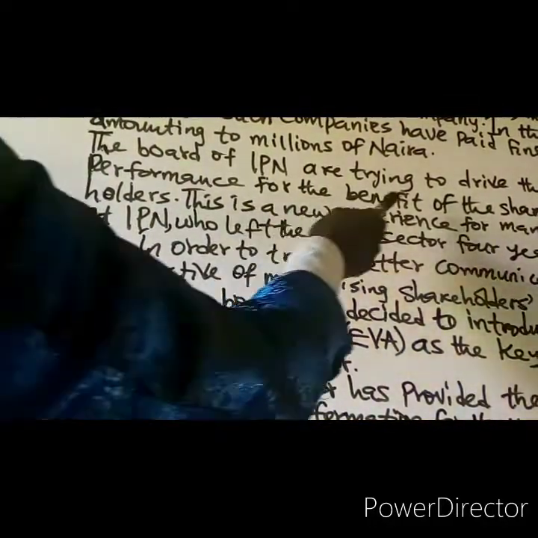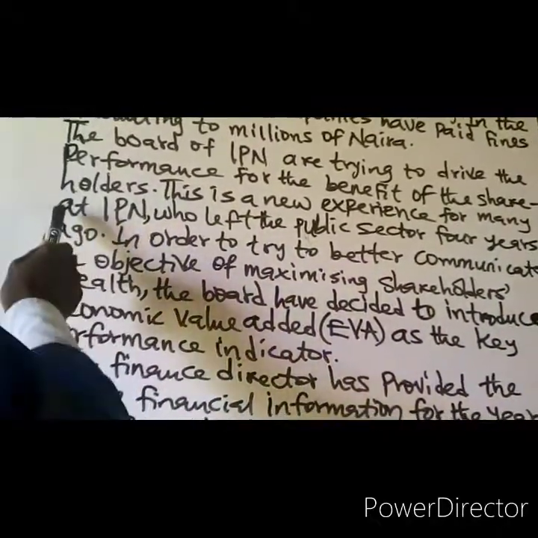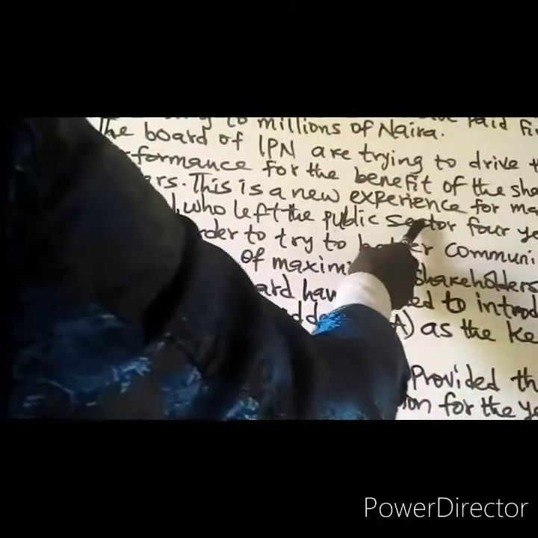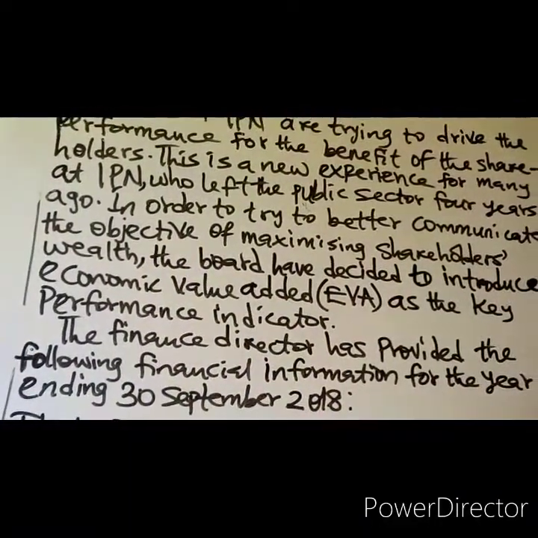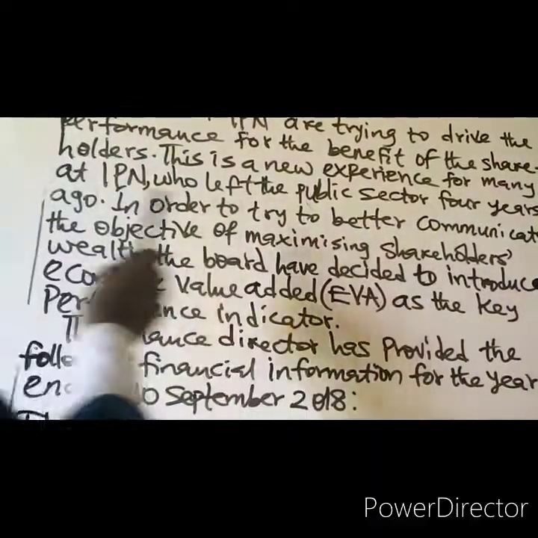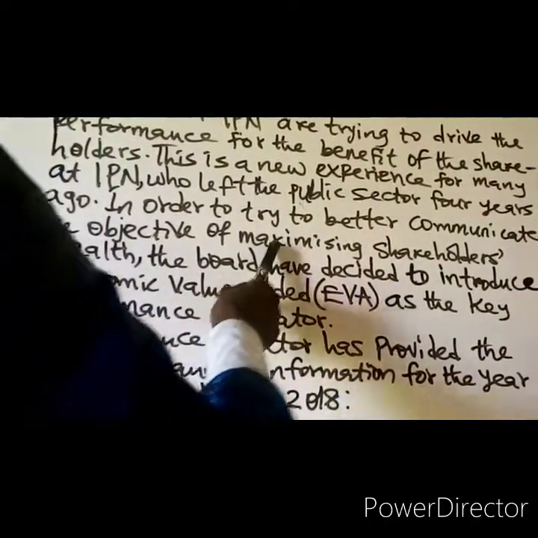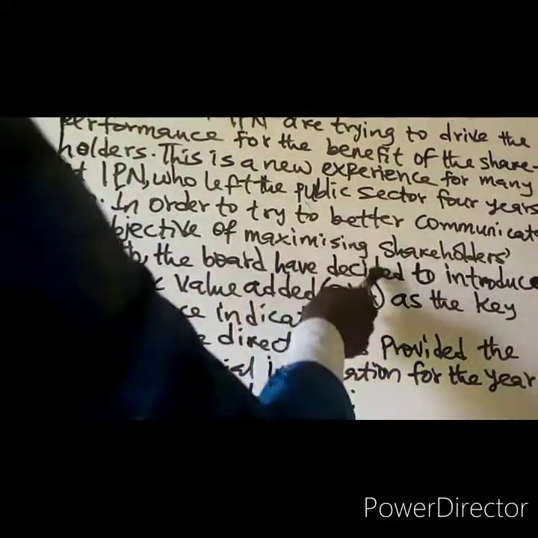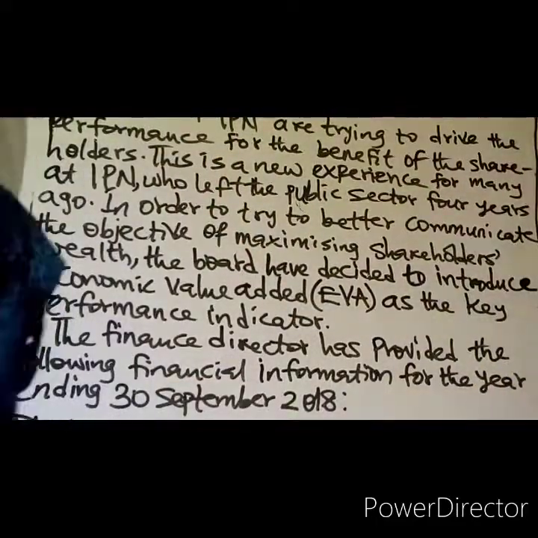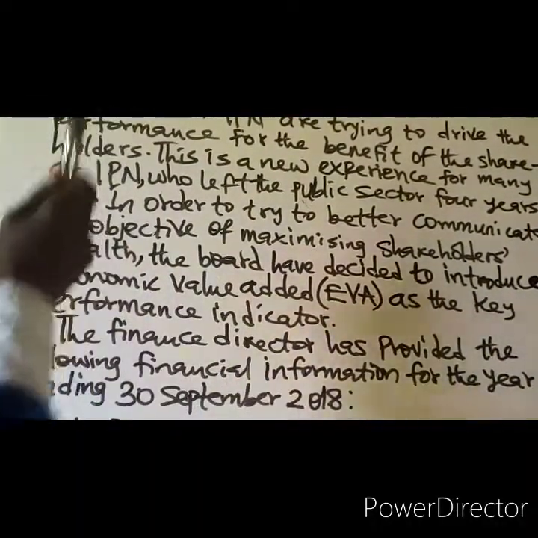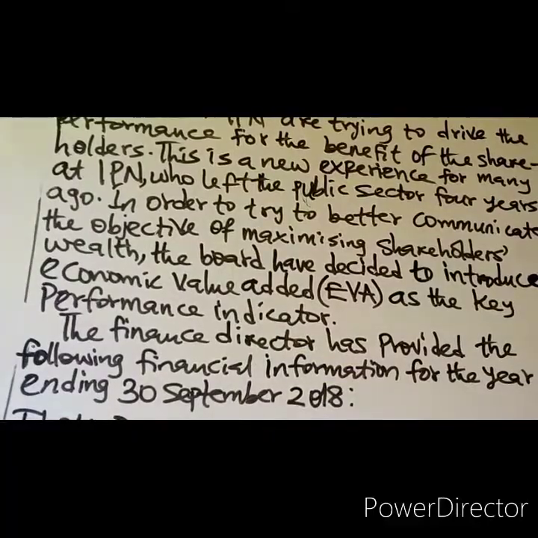This is a new experience for many at IPN, who left the public sector 4 years ago. In order to try to better communicate the objective of maximizing shareholders' wealth, the board have decided to introduce economic value added, EVA, as the key performance indicator.